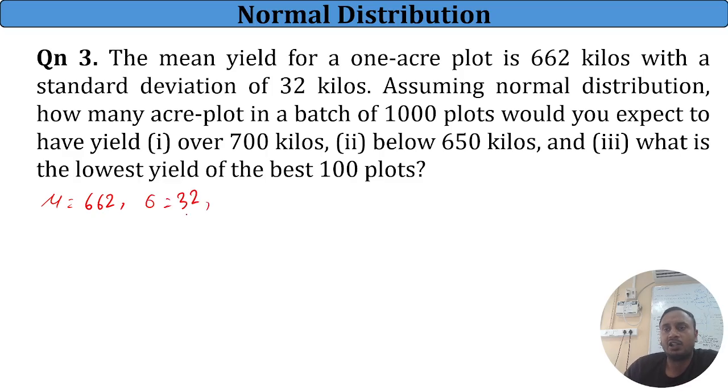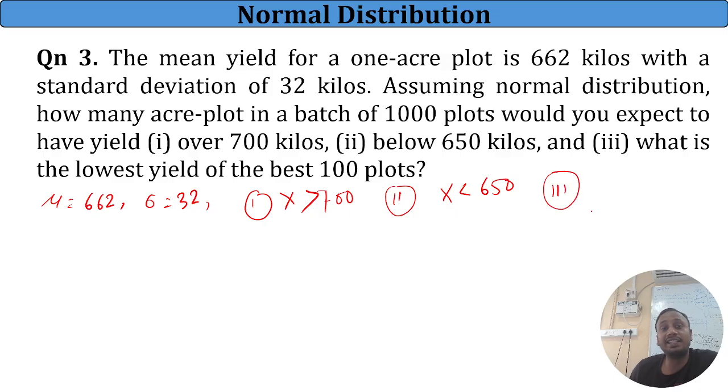Assuming a normal distribution, how many acre plots in a batch of 1000 plots would you expect to have a yield of over 700 kilos? So in the first case, x should be greater than 700. In the second case, we have x less than 650. In the third case, what is the lowest yield of the best 100 plots? So we have to calculate 100 by 1000, like 10%, they are saying.